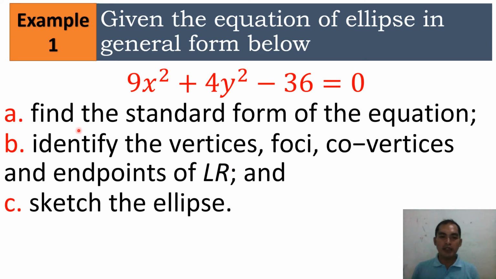So the requirement: from the standard form of the equation, you are going to identify the vertices, the foci, the co-vertices, and endpoints of the latus rectum, and sketch the graph. The parts na kailangan natin sa pag-graph ay the vertices, the foci, the co-vertices, and the endpoints of the latus rectum. Yan lang ang kailangan sa pag-graph ng ellipse.